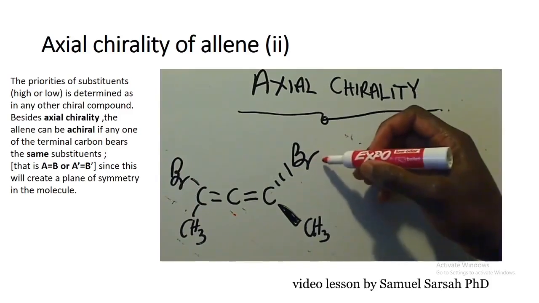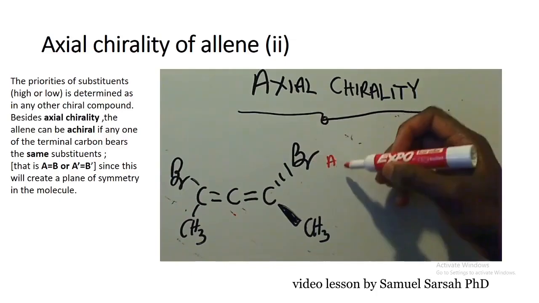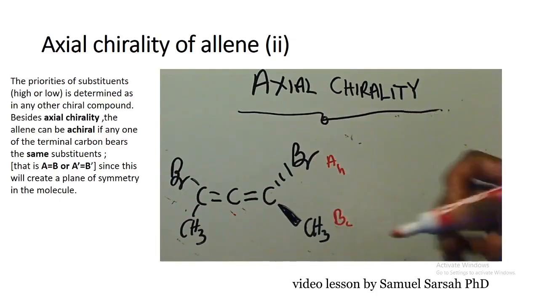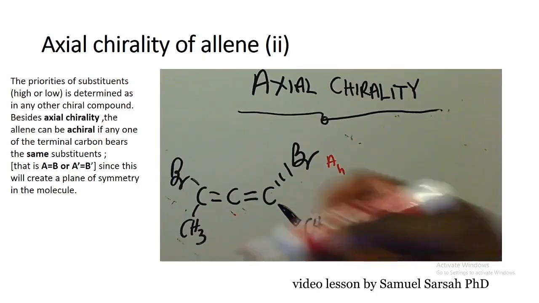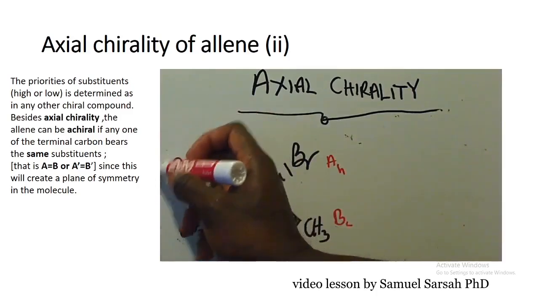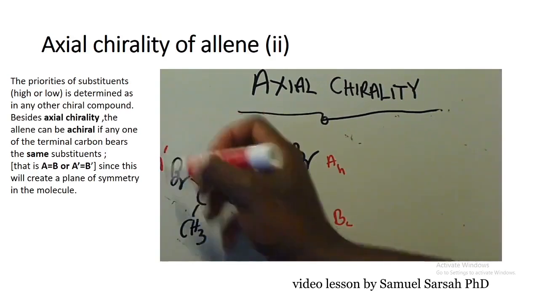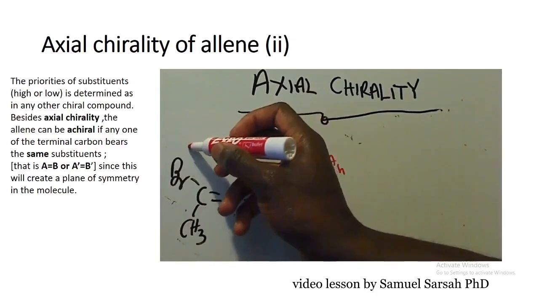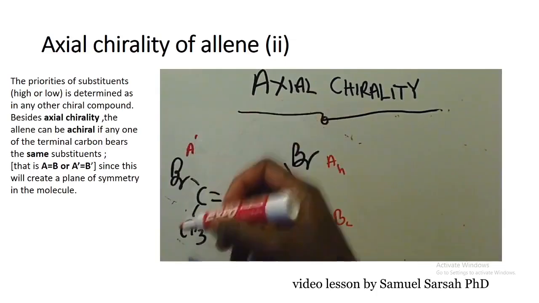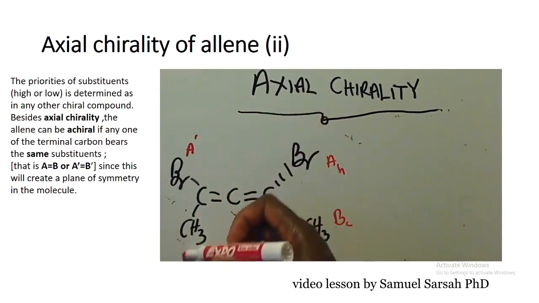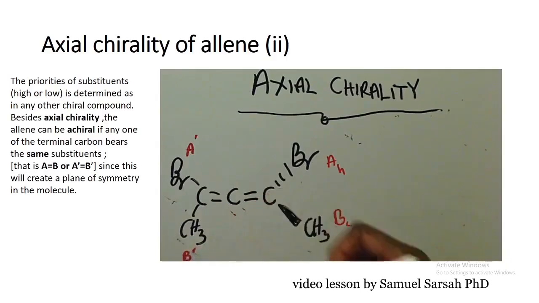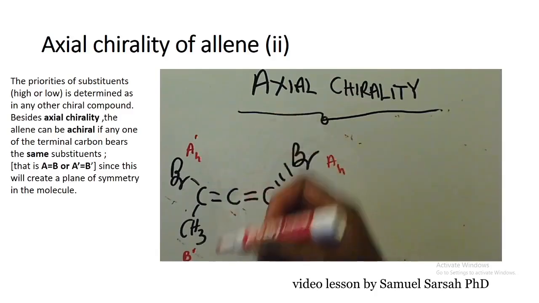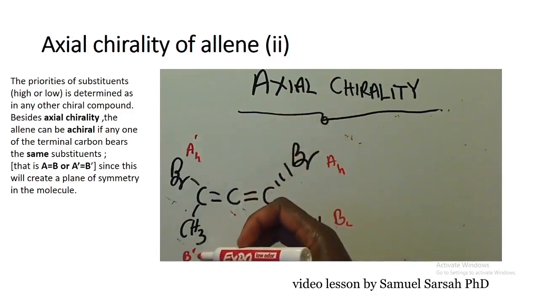So this side I'm going to call, say, A, H, and then this one will be B, L. And this side will be A prime, and this will be B prime. So the bromine is higher in priority than the methyl group.